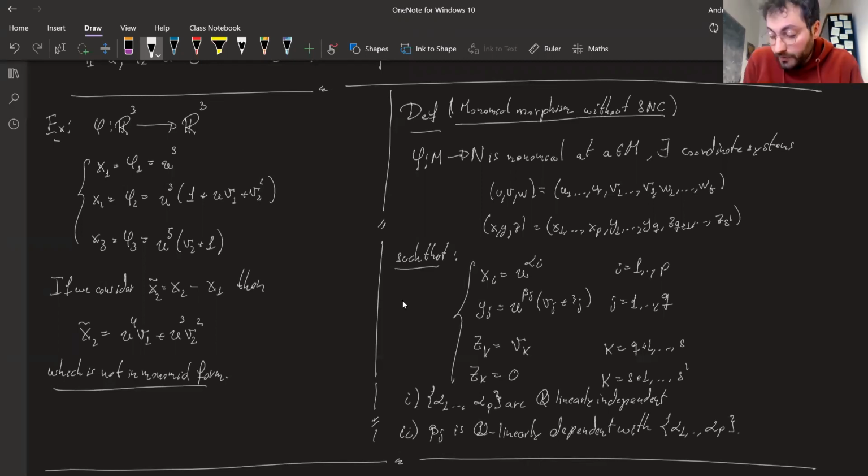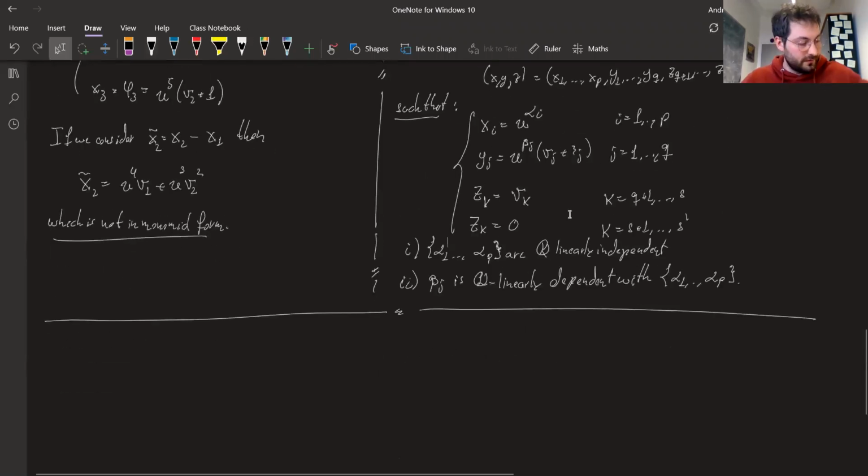So we talked a lot about what happened in the target. But now, once we have these normal forms, I want to talk about a property that is going to be intrinsic about a morphism with this form: the level set is going to be very, very rigid. So this is the next point.